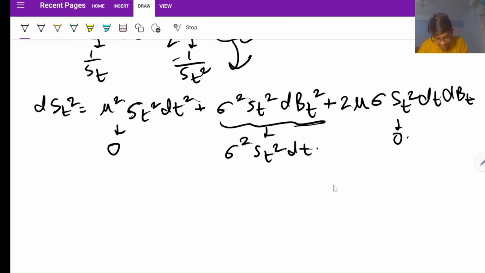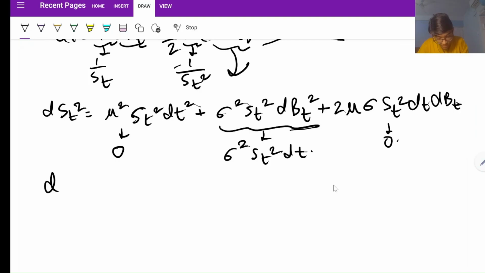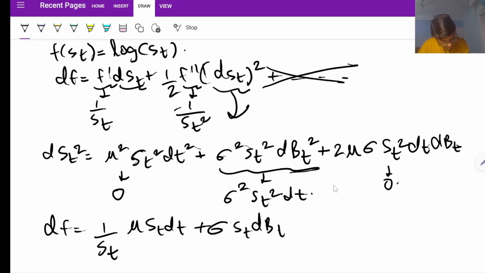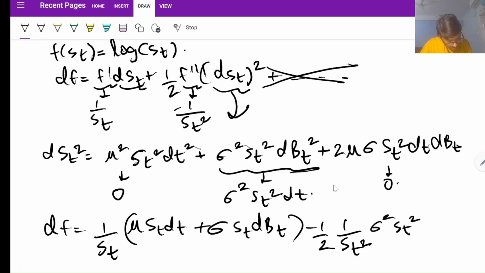And so, one can just quickly plug in all these values that we have gotten here into df to get that f'(St) dSt is simply 1 over St times (mu St dt plus sigma St dBt), right? And then the second term, which is minus half times 1 over St squared times sigma squared St squared dt, right?